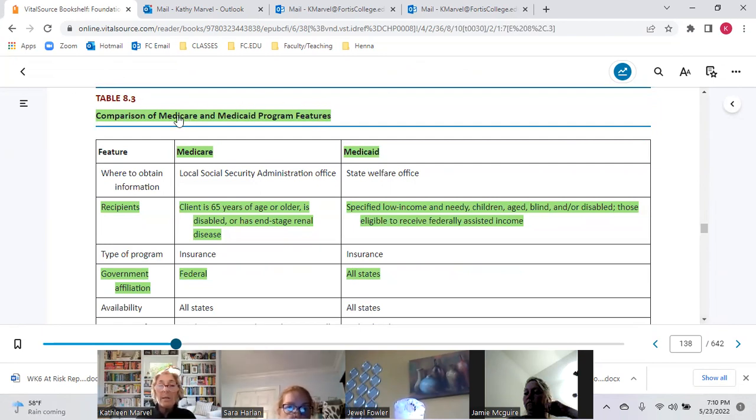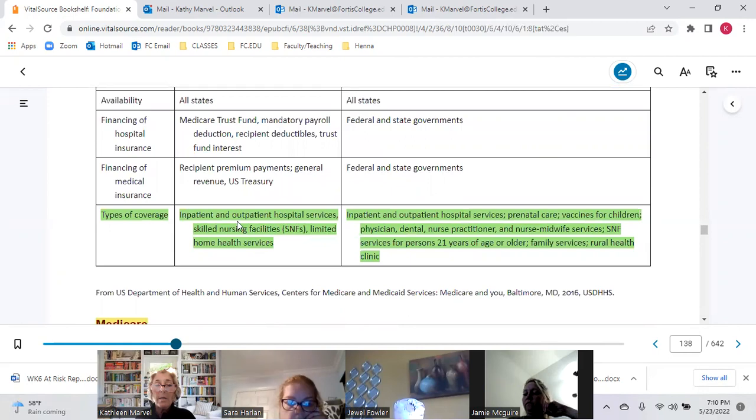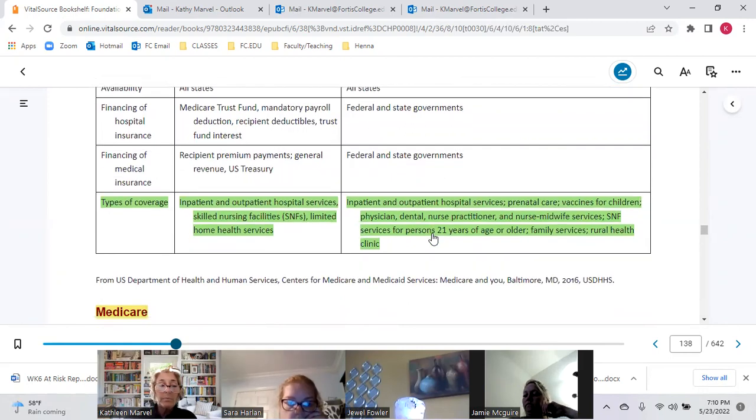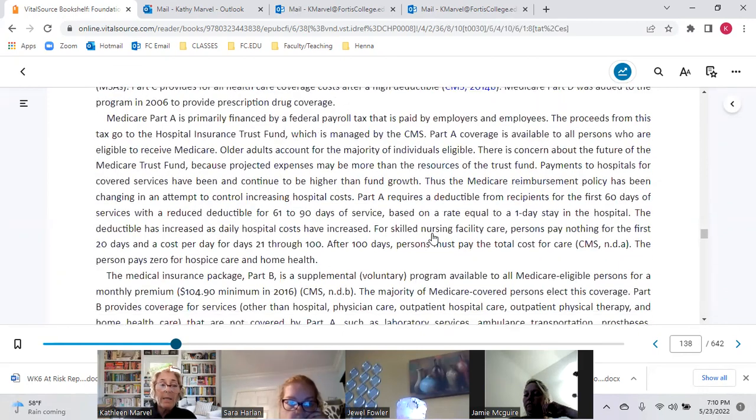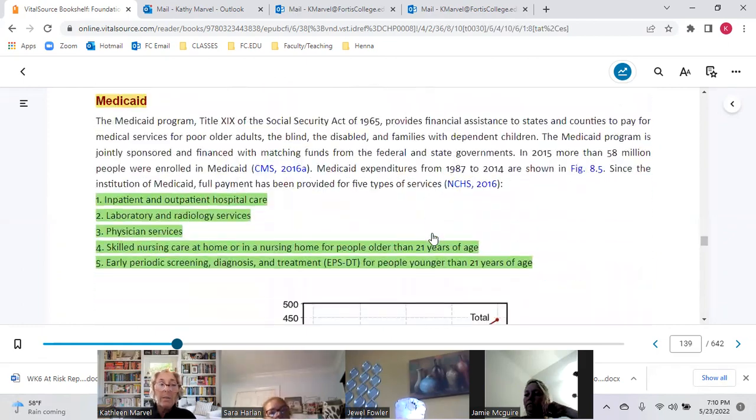I know you've seen this in other chapters, but here's a nice summary of the few important differences on Medicare and Medicaid. Who can get it? Federal or state government affiliation: Medicare is federal, Medicaid's run by the states, and types of coverage. And then it talks about Medicare and Medicaid.